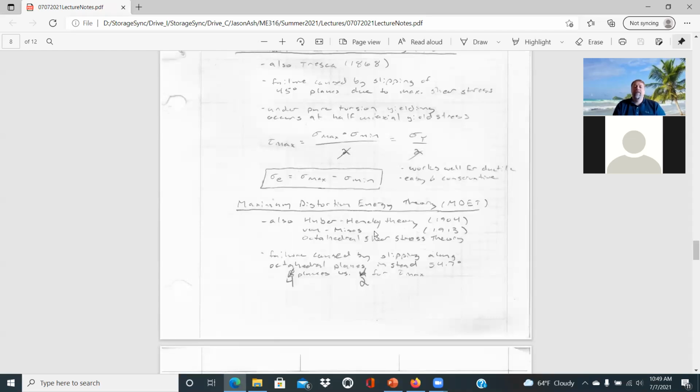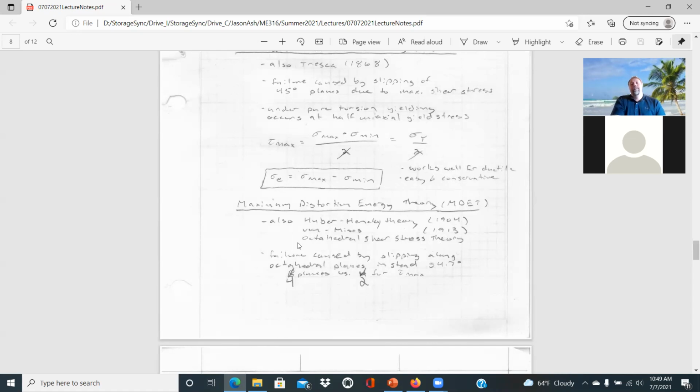When you look at FEA packages, they'll plot your von Mises stress. And so that's what it's just referring to, the maximum distortion energy theory. And then it's occurring on the octahedral plane, so it's also known as the octahedral shear stress theory. And so 4 different names for the same thing.